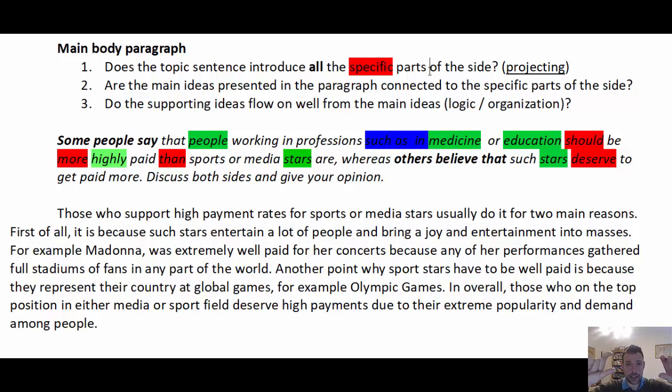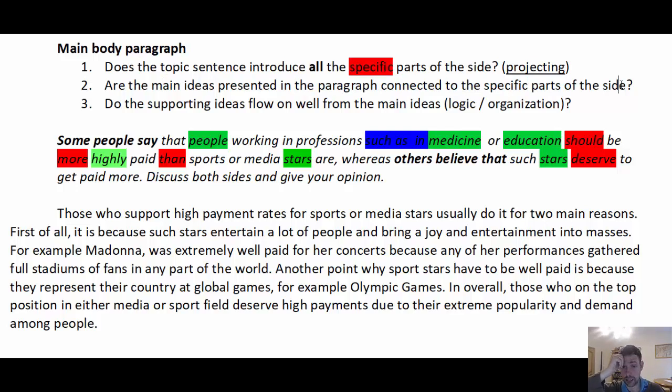If you have the main ideas and then later you have the details, that's okay. But as a rule, it's good in that first sentence, your topic sentence, to project, these people believe, and have each part.